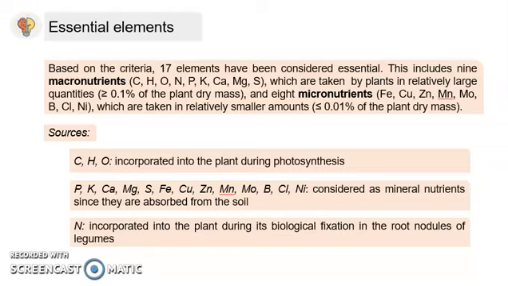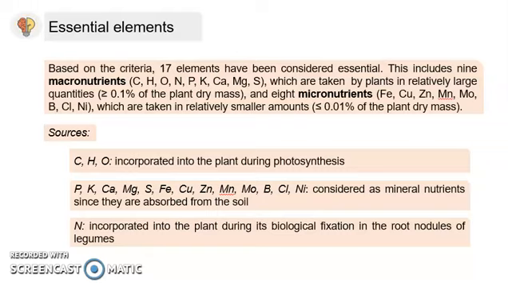Macronutrients refer to the nutrients that are taken by plants in relatively large quantities, while micronutrients are those nutrients that are taken in relatively smaller amounts. So the difference between macro and micronutrients is based on the quantity taken up by plants. From the word macro, large quantity; micro, smaller quantity.